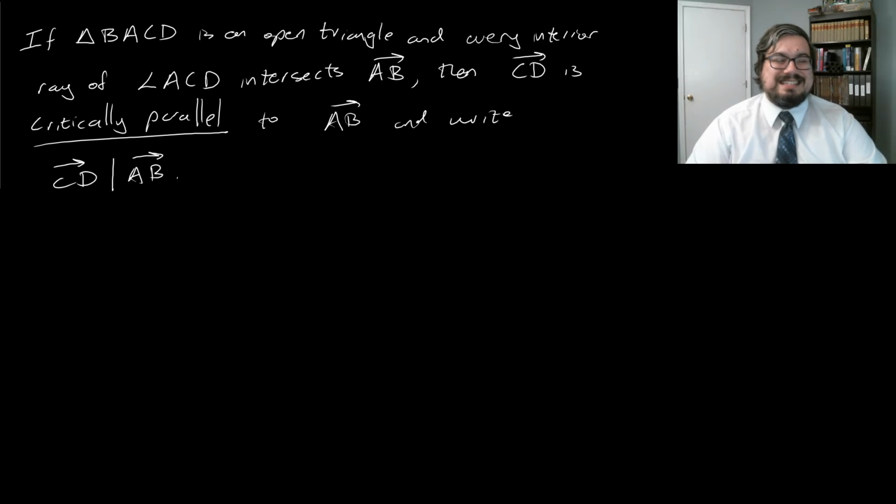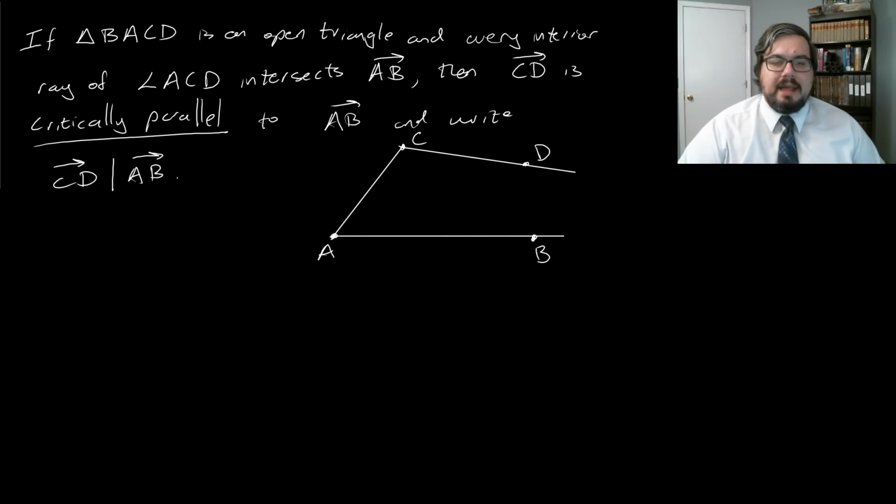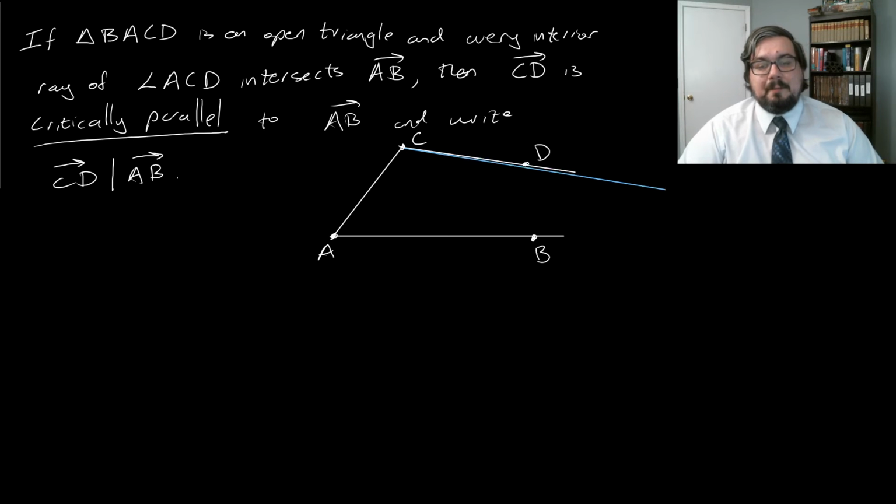So now we use just a single vertical bar rather than a double one. The picture of this here is that we've got some open triangle. We've got the points B, A, C, D. And the point is basically that this ray CD does not intersect the ray AB, but any inside angle would.